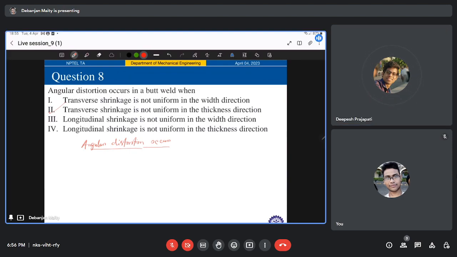Yes or no? Some of them. Yes, some of them are. Okay. So angular distortion occurs when transverse shrinkage is not uniform in the thickness direction.